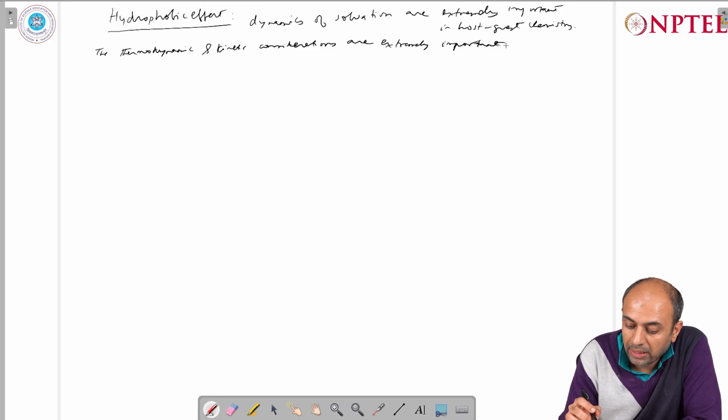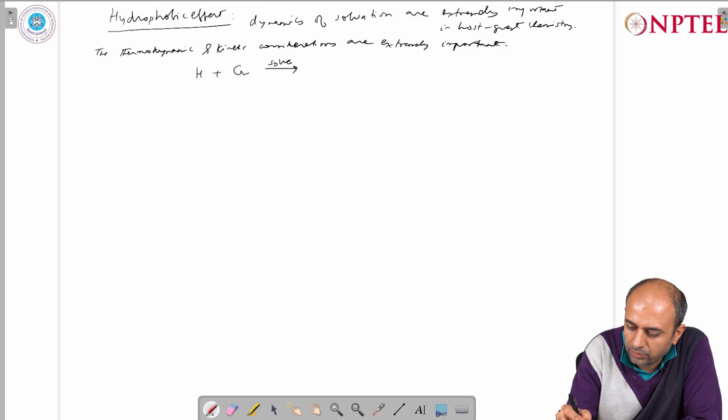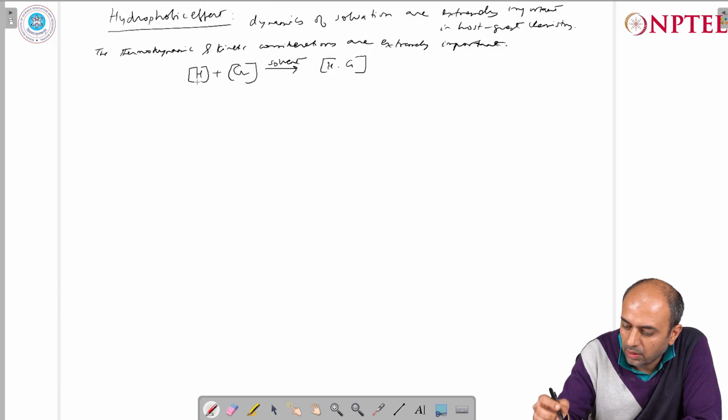And primarily we are looking at a host plus a guest in the presence of a solvent to form the host guest complex, which is solvated.